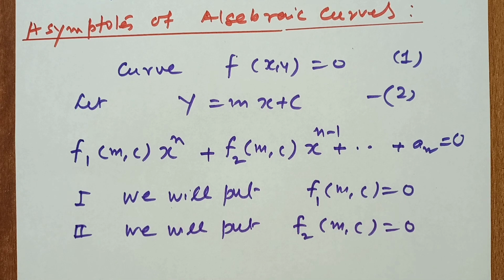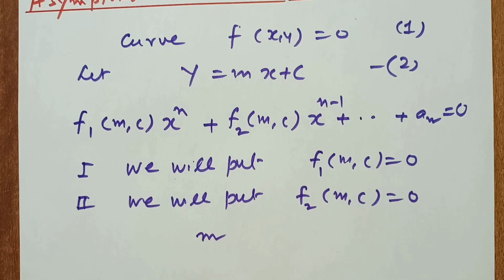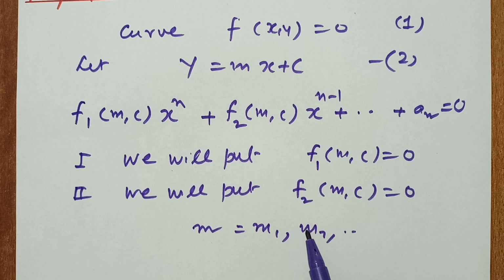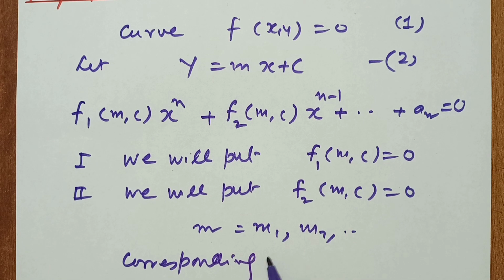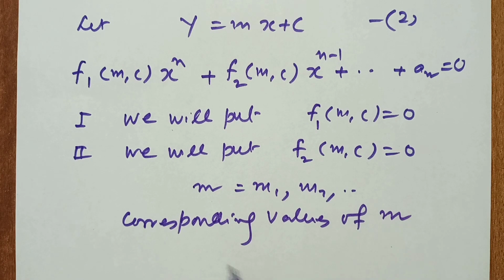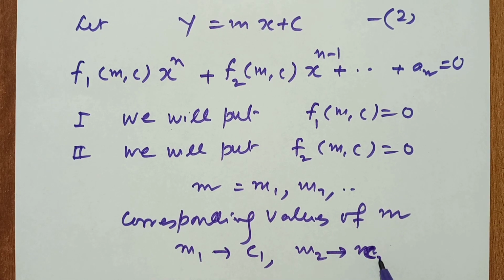Okay, so putting f1(m) equal to 0, we get the values of m, that is, m is equal to m1, m2, and so on, and putting f2(m, c) equal to 0, we will get c. Corresponding to the values of m, that is, for m1 we get c1, m2 we get c2, and so on.